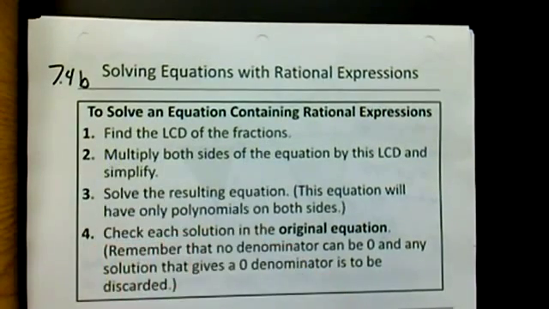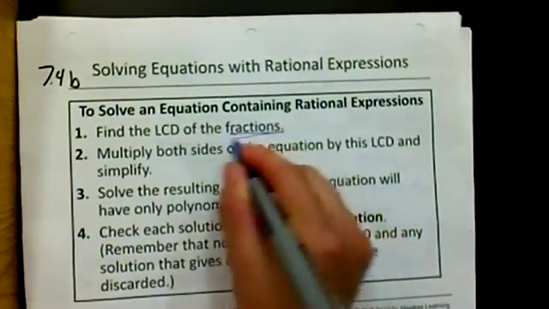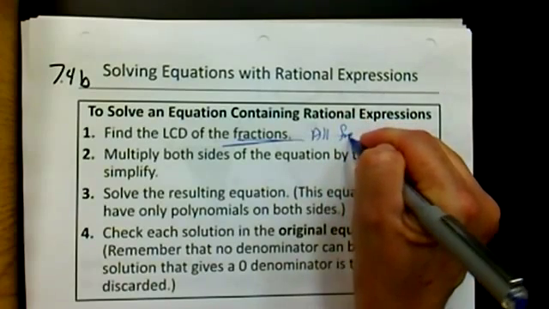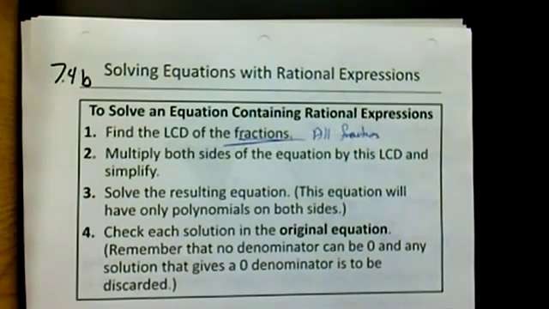So you need to find the LCD of the fractions, and this means all fractions. You should be good at doing that because it's no different than what you did in 7.2 when we added fractions, or in 7.3 when we had complex fractions. So it's the same process. It's not something brand new.